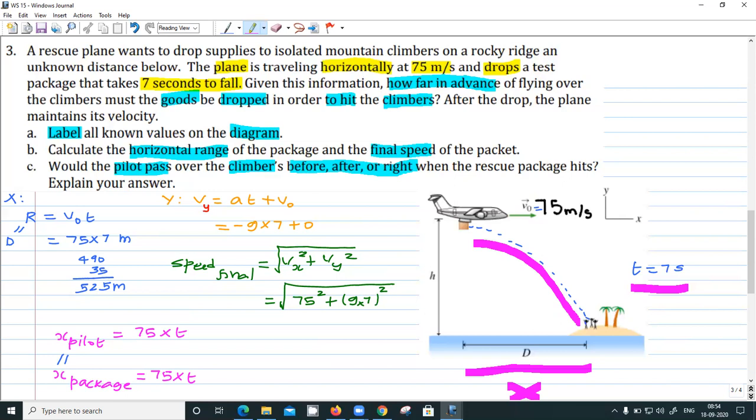Okay, and then for y, I know that my initial velocity is 0. My acceleration is going to be negative 9.8, or negative g. T is 7.